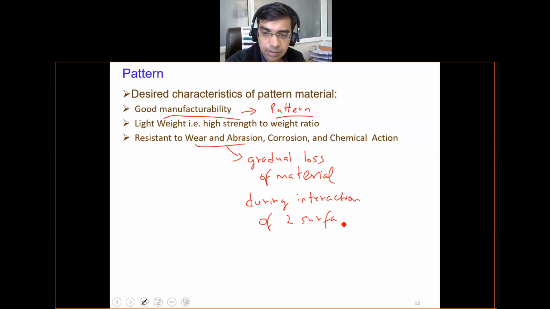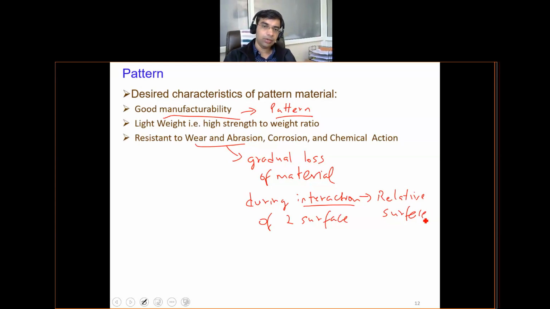For interaction, you can understand there has to be a relative motion. So when there is a relative motion between two surfaces, the surface which is hard is going to remove material from the surface which is relatively soft. And when the material is getting removed, ultimately you're gradually losing material. So this phenomenon of gradual loss of material is known as wear.